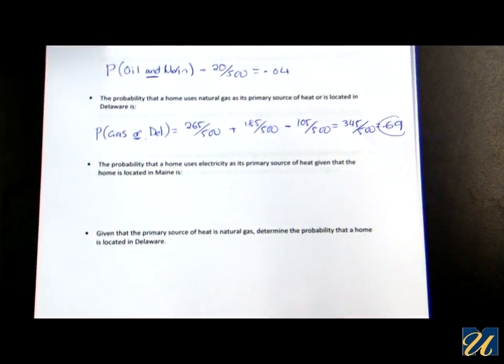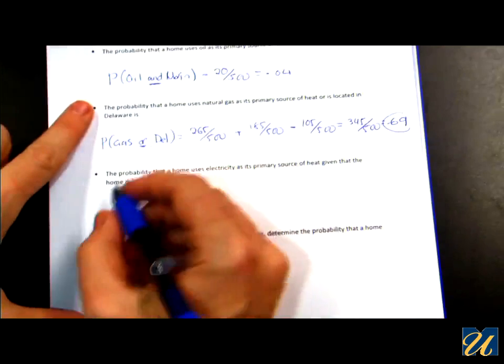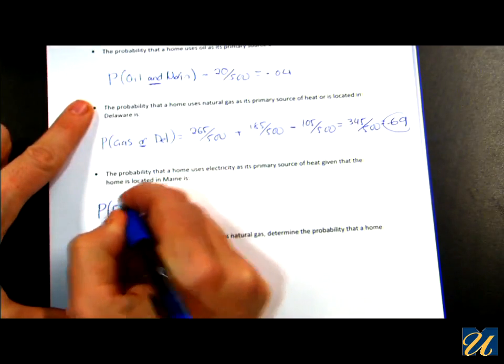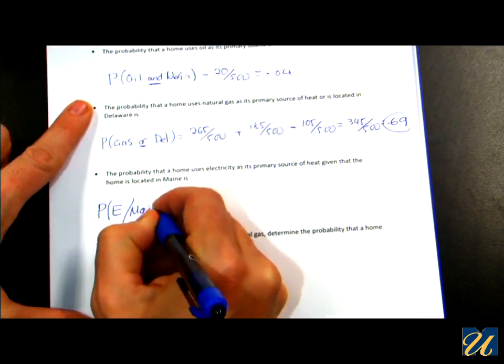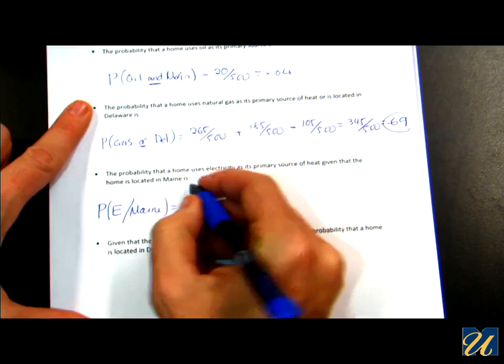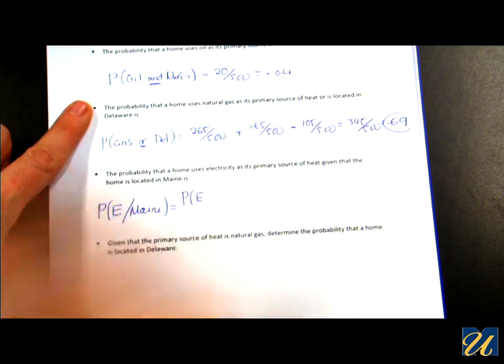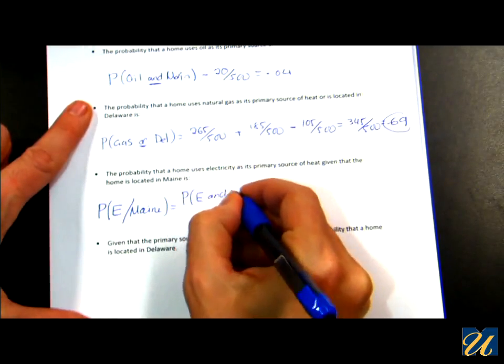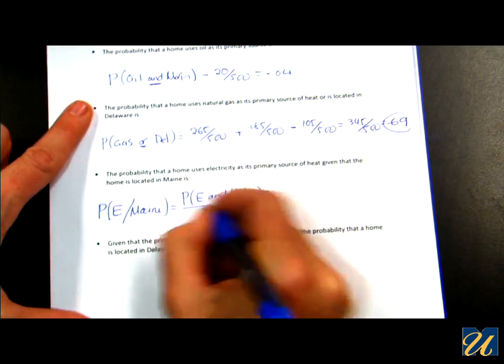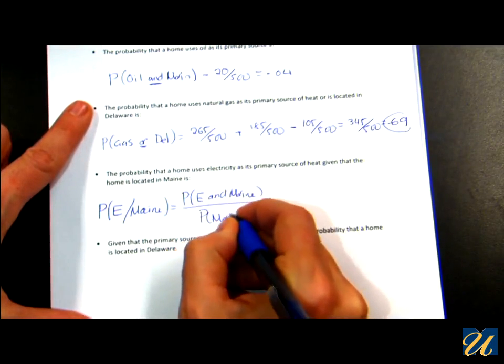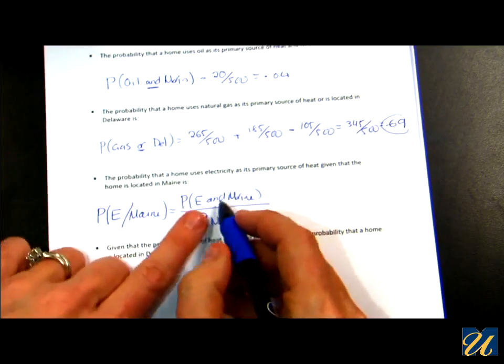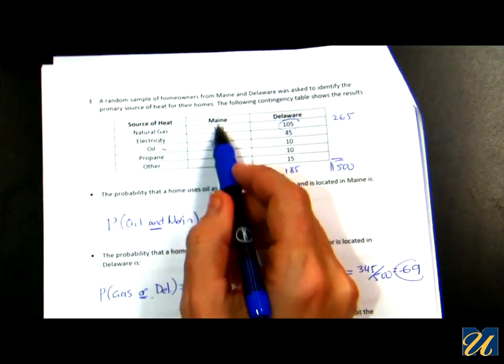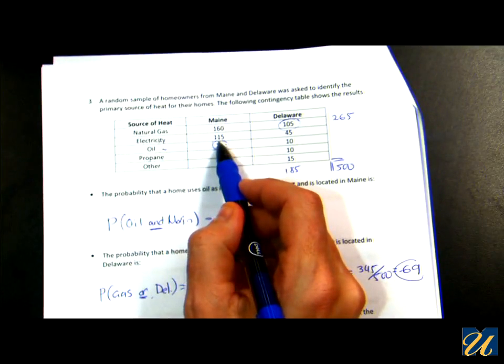The probability that a home uses electricity as its primary source of heat, given that the home is located in Maine, is, so I'm looking for the probability of using electricity given that we are located in Maine. So this will be equal to the probability of electricity and Maine, point of intersection, over probability of Maine. So electricity and Maine, what is the point of intersection?